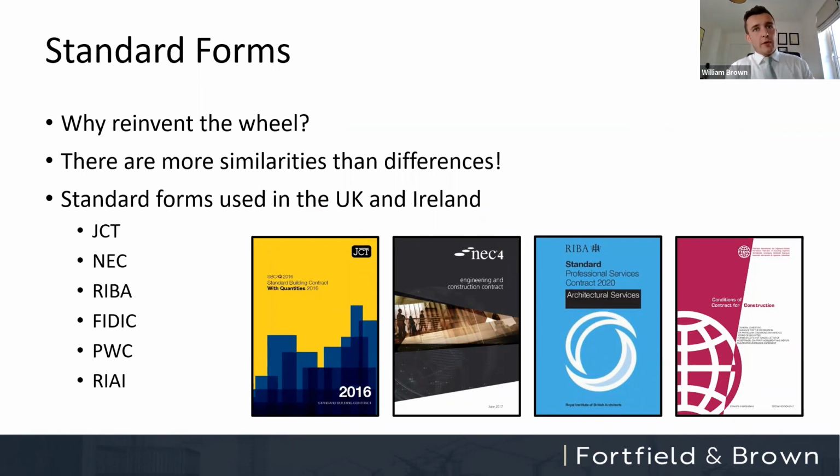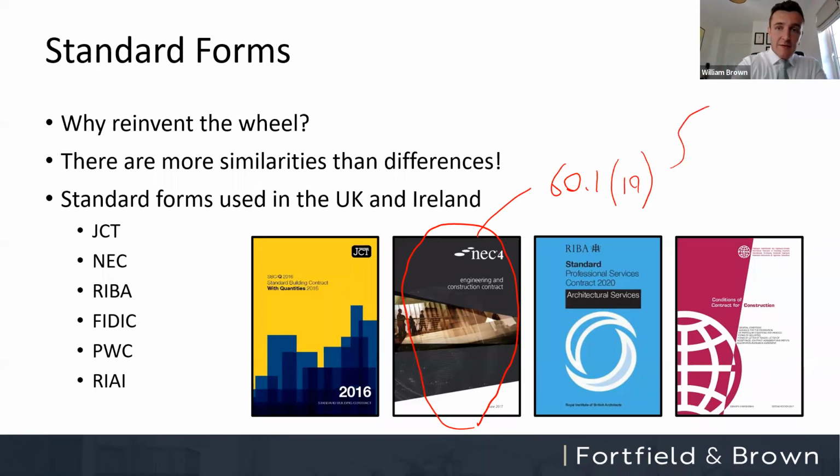Question there from Evren: what about the war in Ukraine and its effects on material prices? Again, that one's not as clear cut under either of these contracts. So again, under the NEC, the only real way that you could claim the war in Ukraine is under that same compensation event, 60.119. And for that compensation event to be triggered, the event has to cause delay.